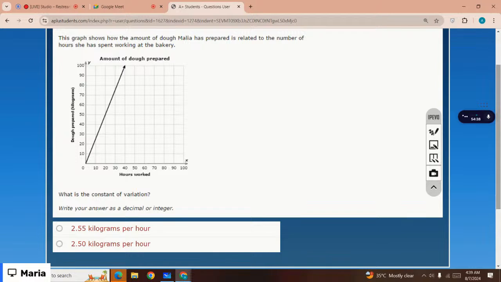The correct option is 2.50 kilograms per hour. Option number 2 is the correct option.